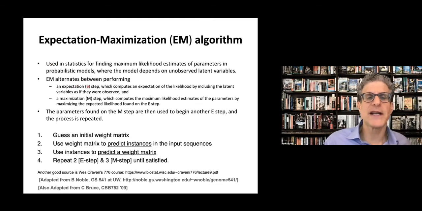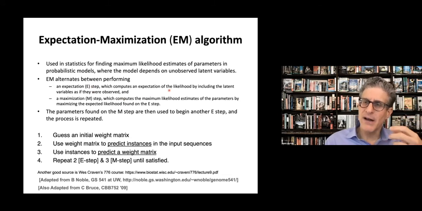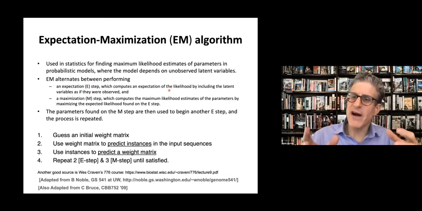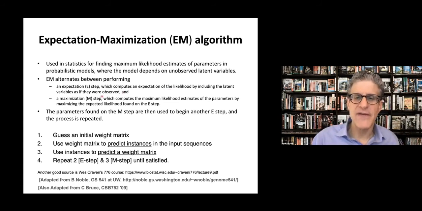So expectation maximization basically has two steps. There's the E step, where you figure out the expectation given a likelihood, imagining that there are some latent variables, fixing them at a particular value. And then a maximization step where you re-estimate these latent variables.